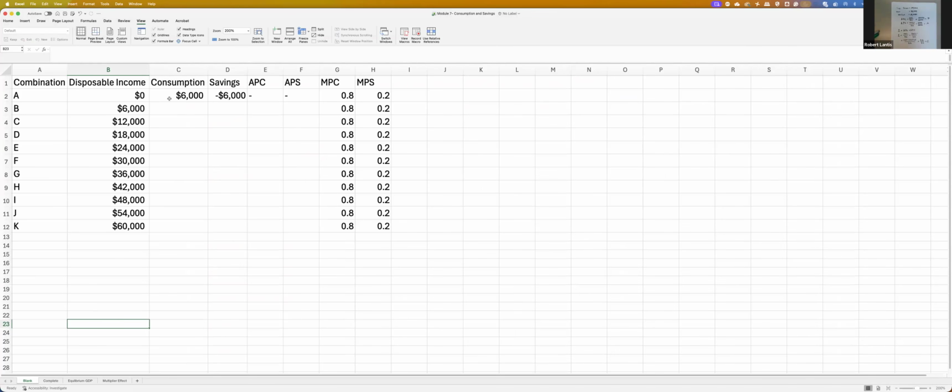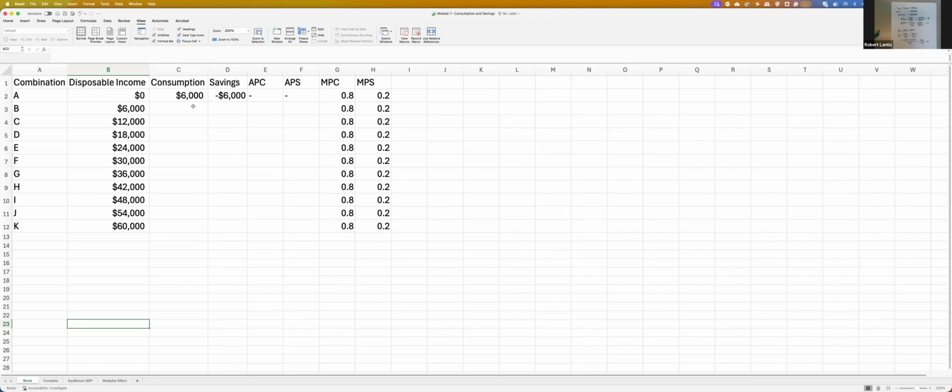So if I currently have no money, but I'm consuming, say, $6,000, well, how would I do that? I would have to borrow money, in which case my savings are actually negative 6,000, because if I'm borrowing money, that's like negative savings. So I could then calculate my marginal propensity to consume and my marginal propensity to save here.